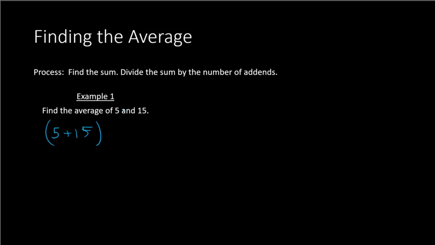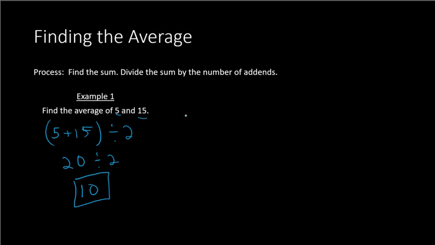So you look at the number of numbers that we're adding together. So we have 2 numbers, 5 and 15. That's 2 different addends. So you're dividing that by 2. So we have 5 plus 15, divide by 2. 5 plus 15 is 20, and then divide by 2, that gives you 10. So the average of 5 and 15 is 10.